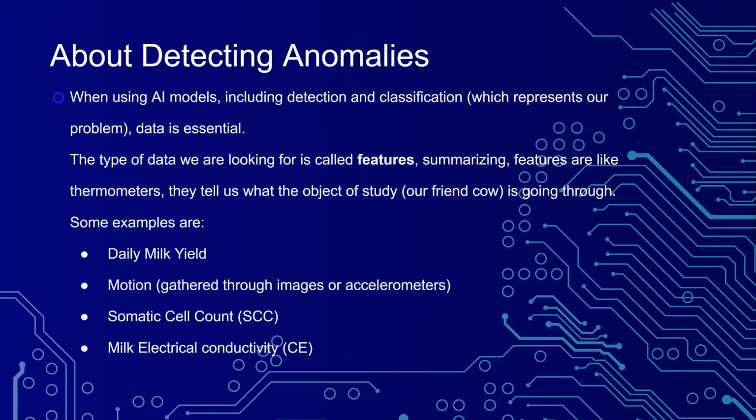So one thing before we proceed about detecting anomalies. When we are using AI models, including our problem that represents the detection and classification, data is essential. The data type we are looking for is called features. So features are like thermometers. They tell us what the object of study, our friend Cal, is going through.